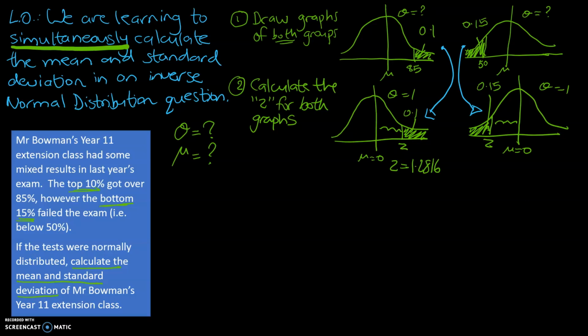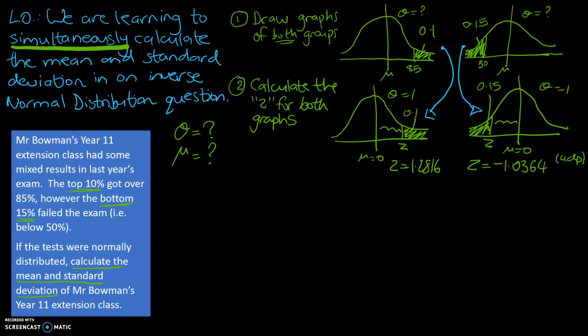The next one, we have a left tail, we have an area of 0.15, we have a standard deviation of 1 and a mean of 0. If we use our inverse function, we'll be able to calculate what the z value is. And this one here is negative 0.364. And both of those are rounded to 4 decimal points.